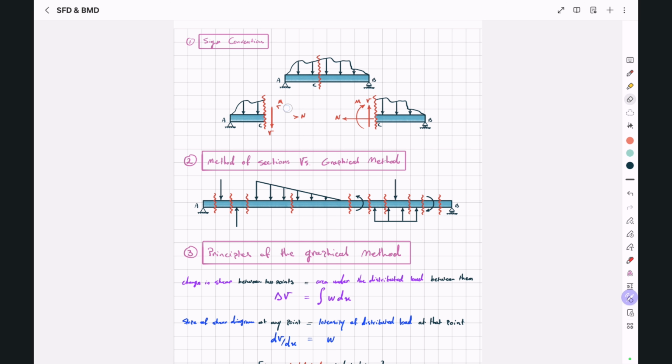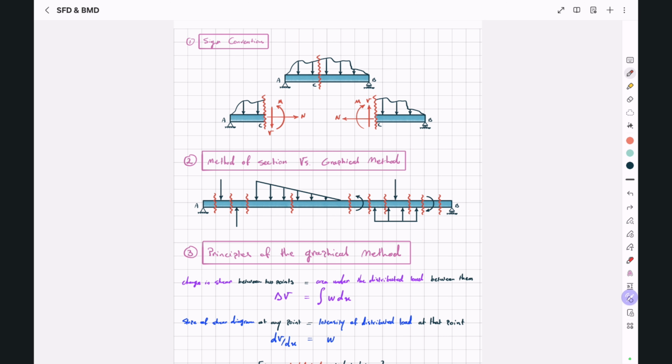For example, someone may choose the upward direction for the internal shear force of the left cut segment, so they have to use downward direction for the right cut segment. And if they're using the clockwise direction as the positive direction for their moment of the left cut segment, they have to use the counterclockwise direction for the other side.